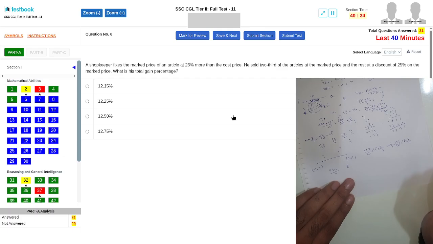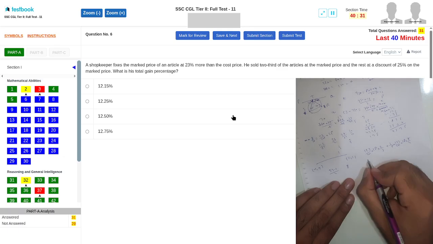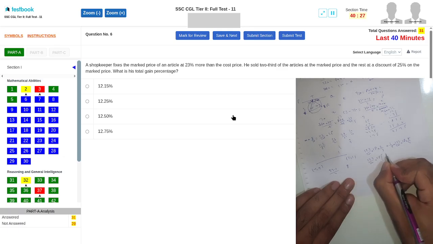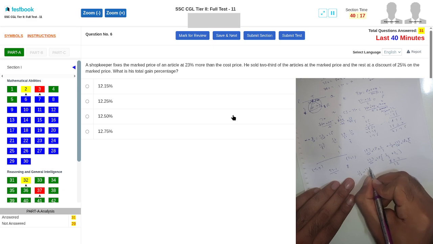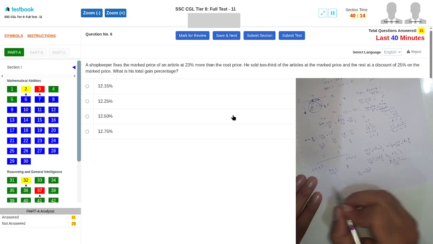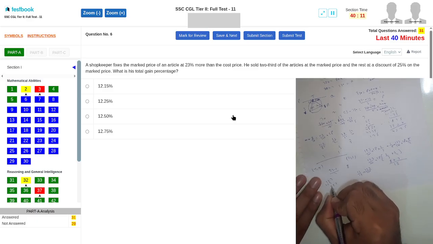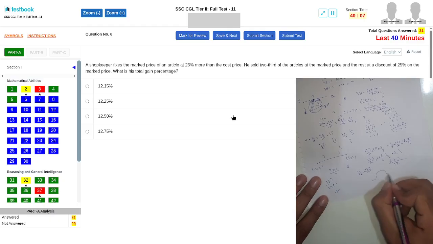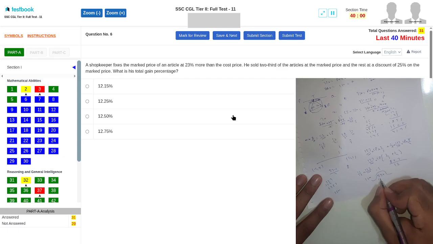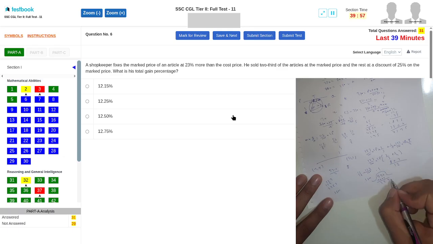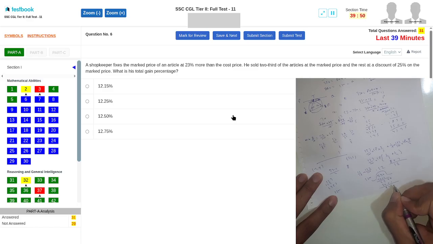Total gain is 123 upon 120 CP into 2/3 plus 1/3 into 3/4. Total gain percent तो 153 1200.